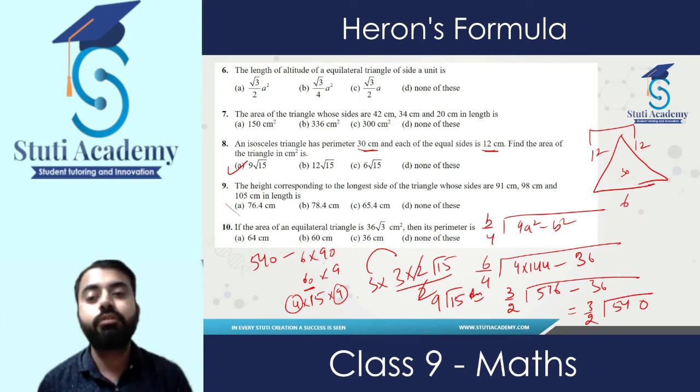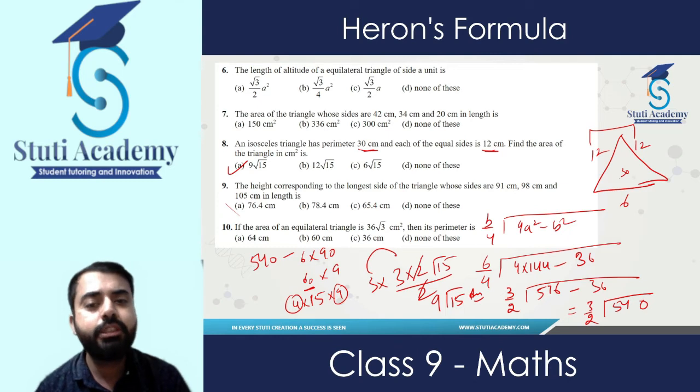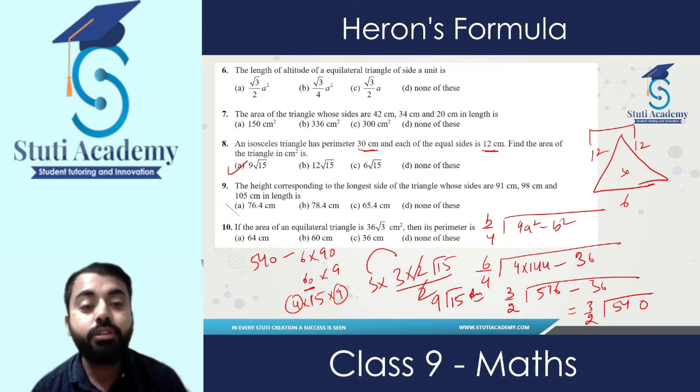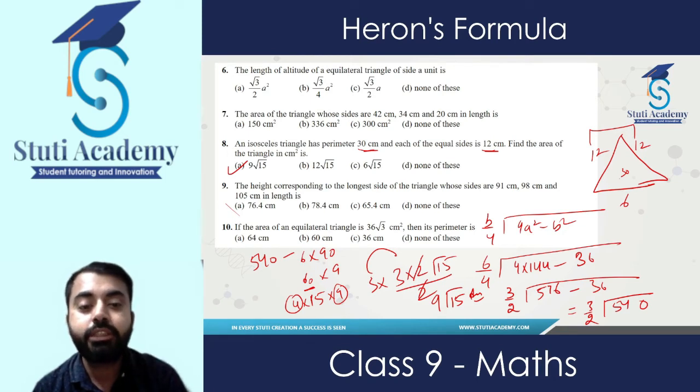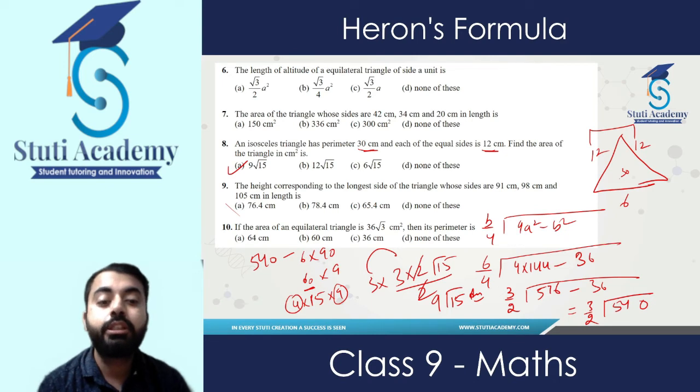It was 6, right? So if that was 6, then you had to find out its area. You knew the formula of area is what? b by 4 square root of 4a square minus b square, right? So a is what? It is 12. 4 into 12 square, which is 144. And b is what? It is 6, and its square will be what? It will be 36.